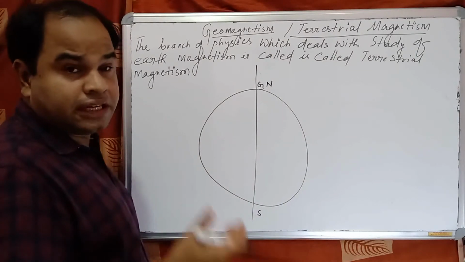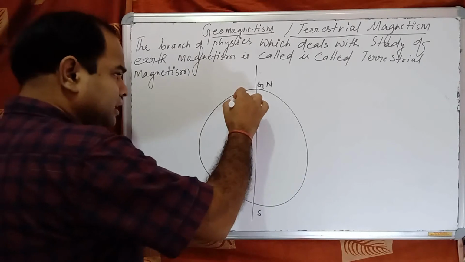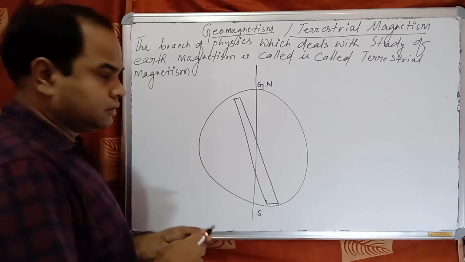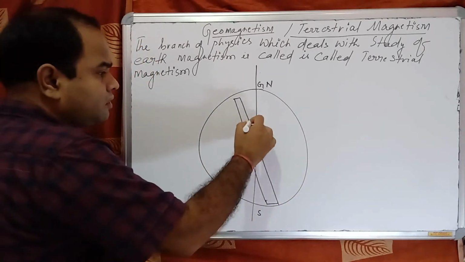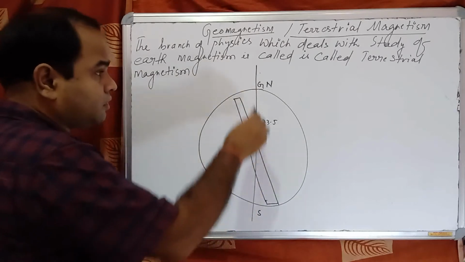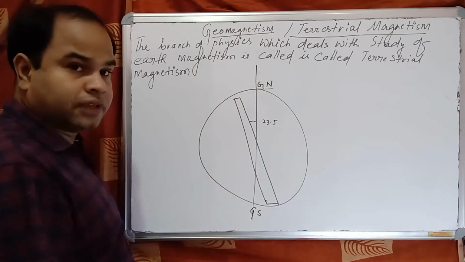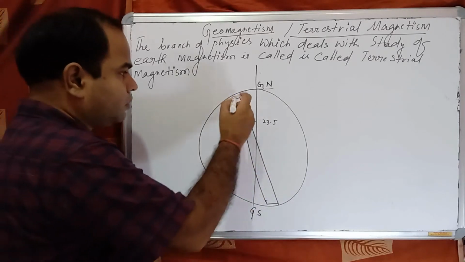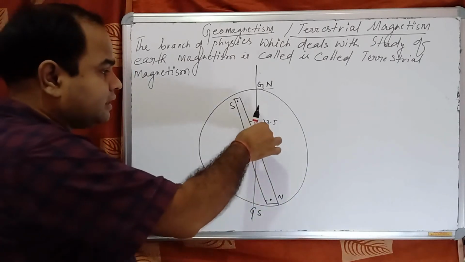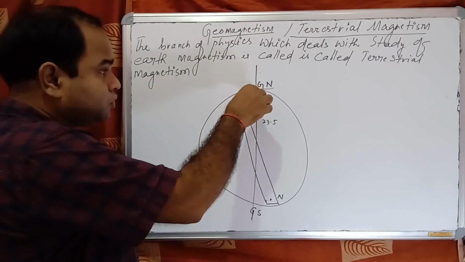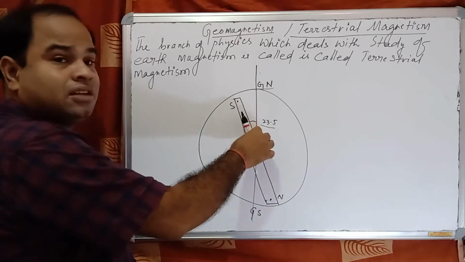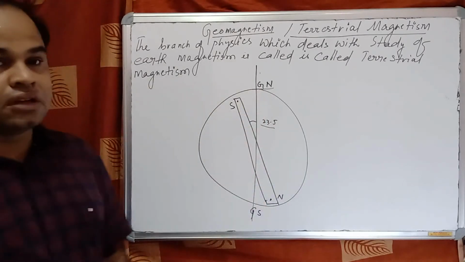The earth magnet is slightly bent, tilted at around 23.5 degrees with respect to the line passing through geometrical north and geometrical south.